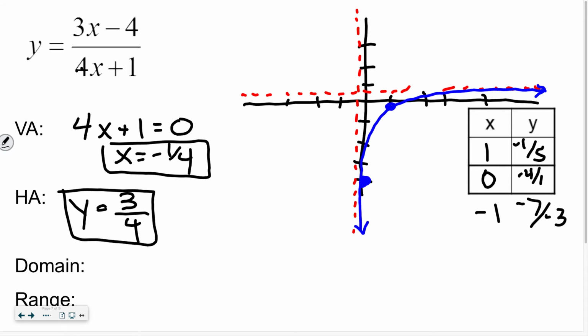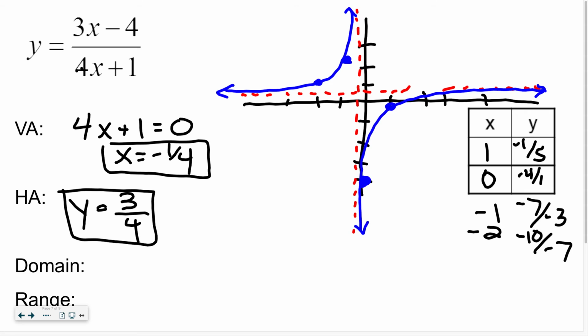And it would be positive. It's like 2 1/3. So that means go left 1 and go up 2 1/3. And then I'll just pick like -2. So that would be what? -10 over -7. So that's a little bit more than 1. And that confirms my graph.